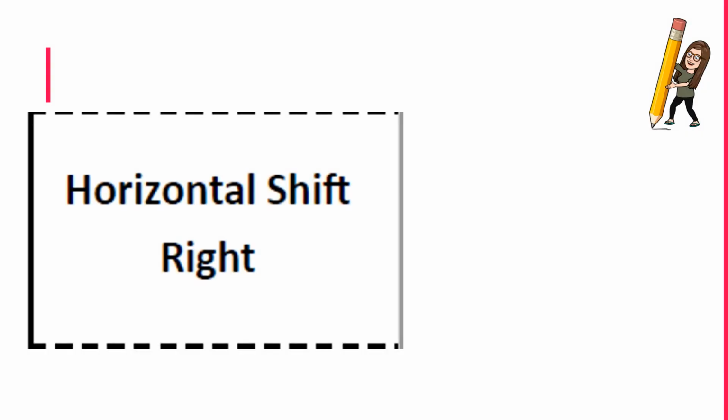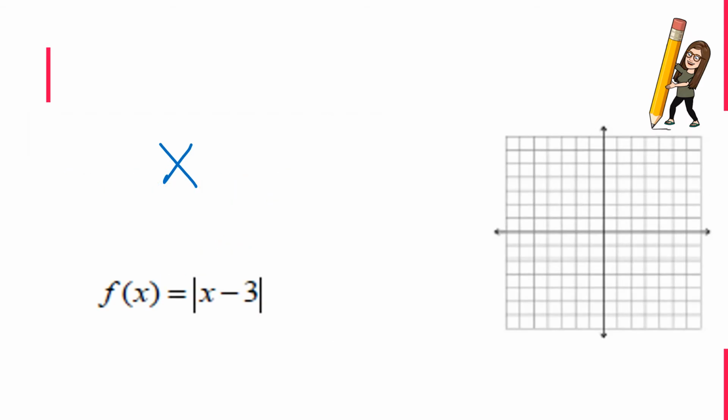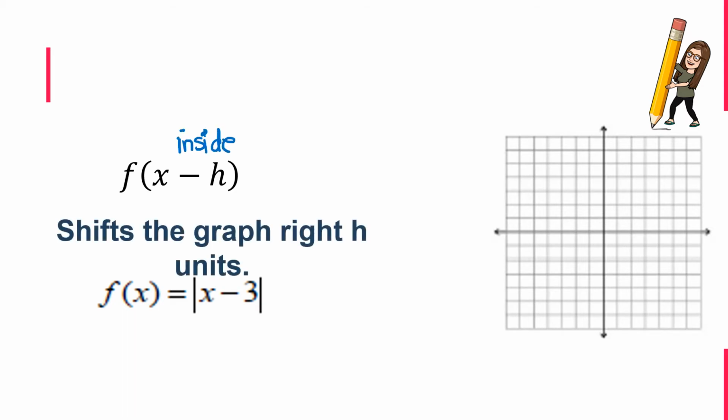Let's jump to horizontal shift. Well, horizontal implies x-axis, x values. So if I have this function, you'll notice the -3 is inside. If I have a subtract h on the inside, look where it is, it's inside the function, then that means we shift the graph right h units.